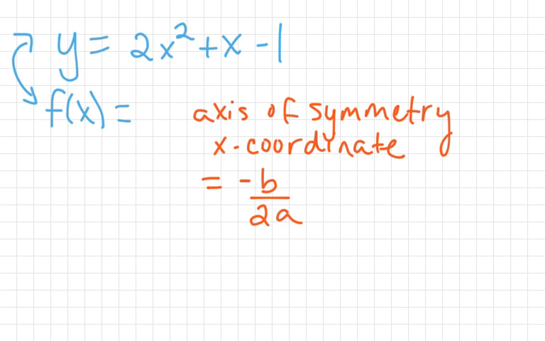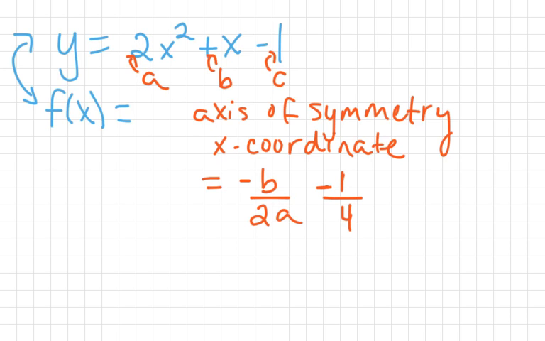We need both coordinates. I am going to label this: this is my a, this is my b, this is c. So 2 is a, 1 is b, it's implied right in front of the x, and negative 1 is c. So negative b is negative 1, all over 2a. 2 times 2 is 4. That's my x value, negative 1/4.